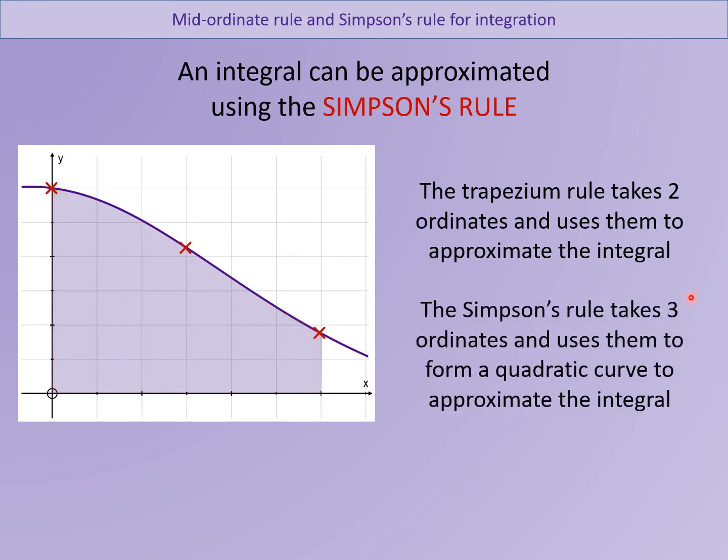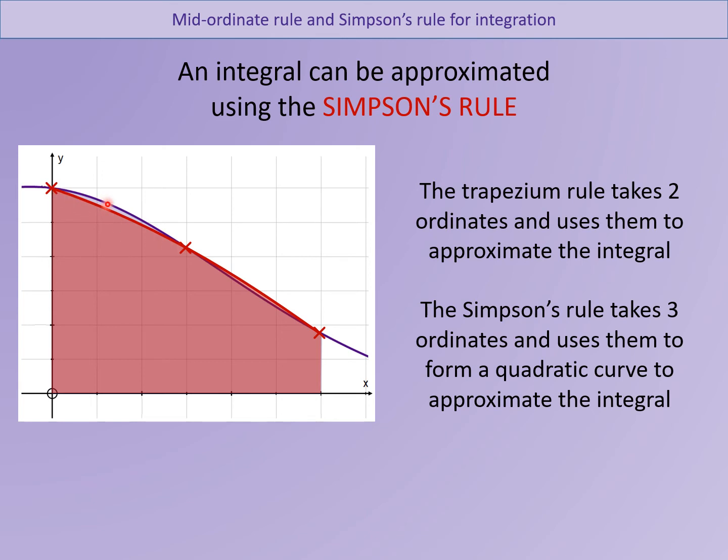What Simpson's rule does is it takes 3 of your ordinates, and instead of just drawing trapeziums, it knows it's going to be a curve. So it tries to form a quadratic curve that fits those 3 points. A quadratic curve is a lot better approximation than using straight lines.